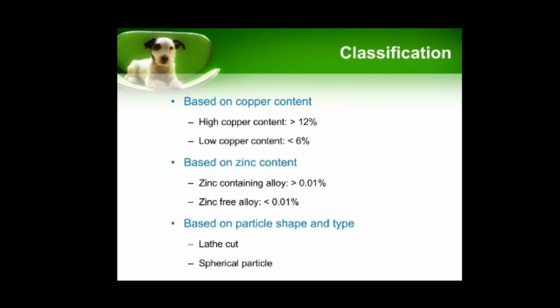Based on particle shape and type, it can be classified as lathe cut and spherical particle. The lathe cut is the irregularly shaped filling produced by cutting an ingot of alloy on the lathe. But the spherical particle is produced by atomization of the alloy.